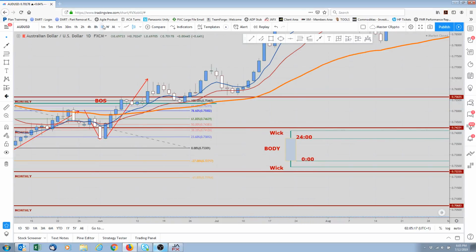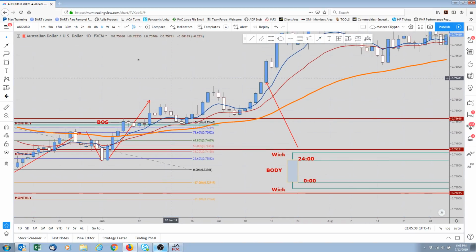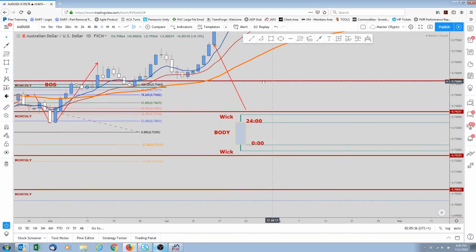Because we're on the daily chart, each one of these candles represents 1 day of price movement.